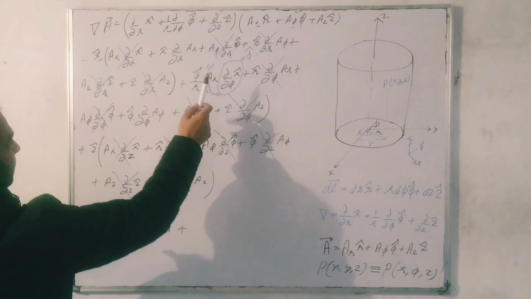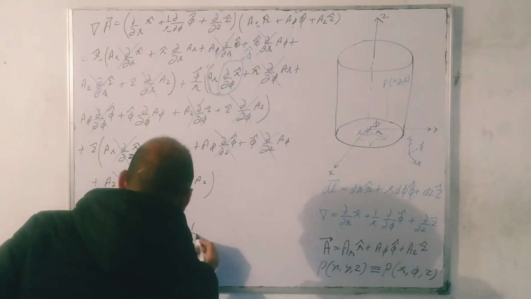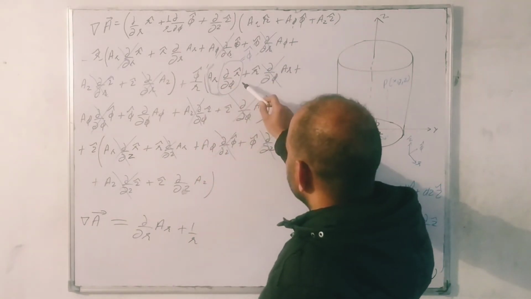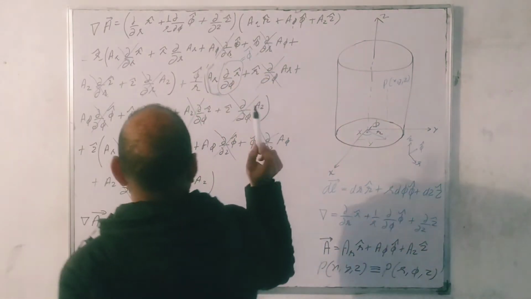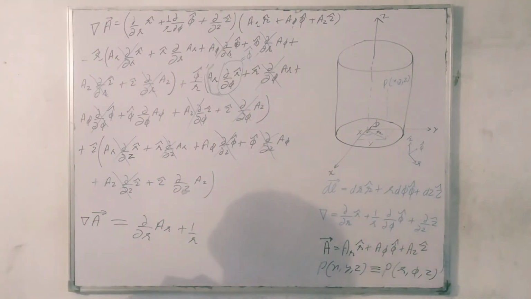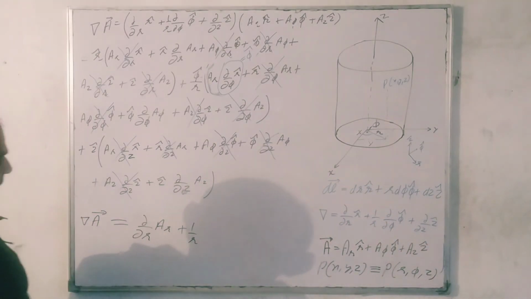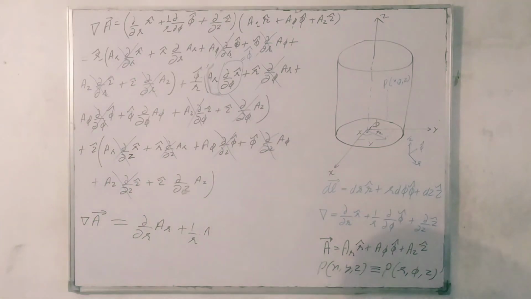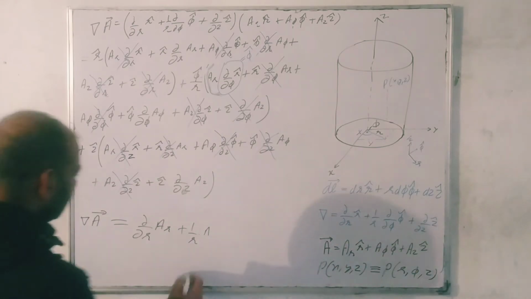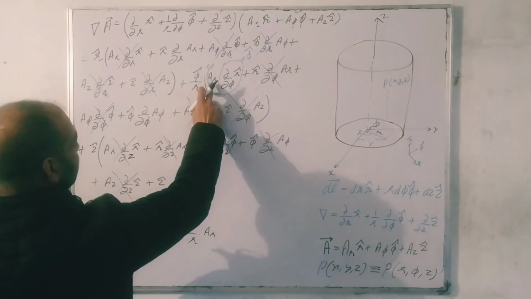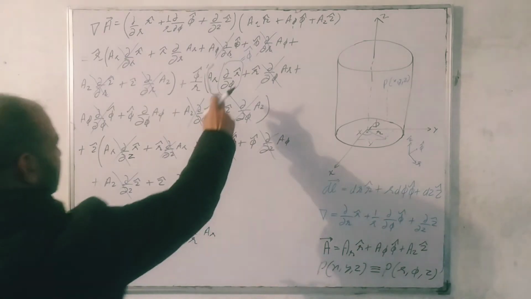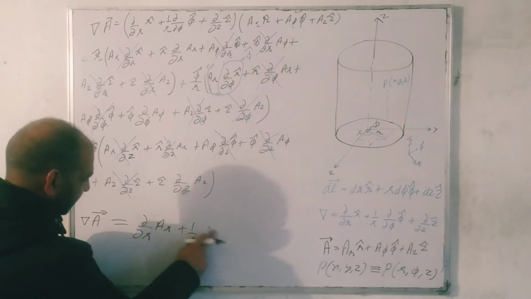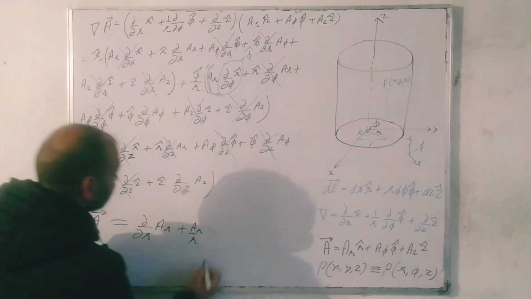Here it is 1 upon r, so I am writing 1/r as it is. Now this phi cap and this is also phi cap, so phi cap dot phi cap is going to be 1. Only A_r is left here, because this term is going to be equal to phi. So A_r is going to remain here, and I am writing A_r here itself.